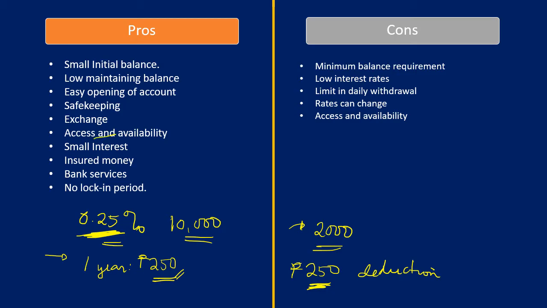I said earlier that it's a pro because you can always get your money through ATMs, but you can also think of it as a disadvantage because there is just too much temptation. Because it's easy to withdraw, it is a bit difficult to save money in the long term.